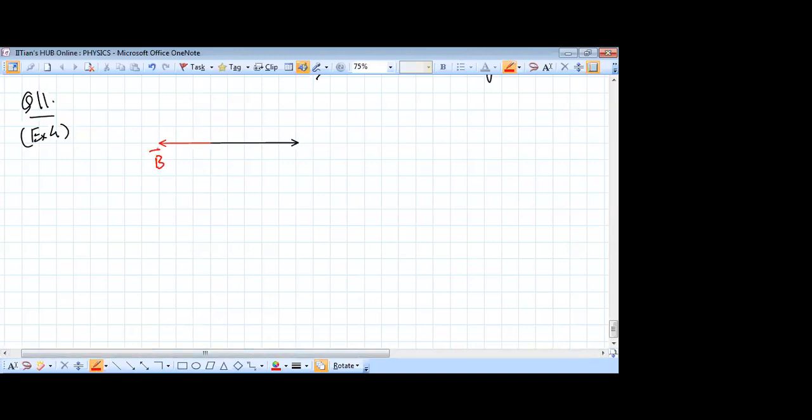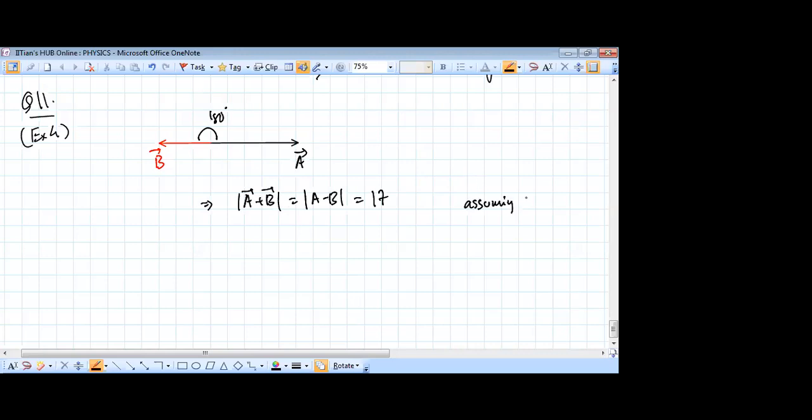This is the vector B and this is the vector A. If the angle between them is 180 degrees, you can see that their resultant will actually become the difference of their magnitudes. And that is given to us as 17.